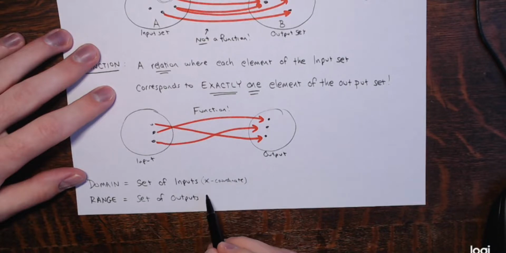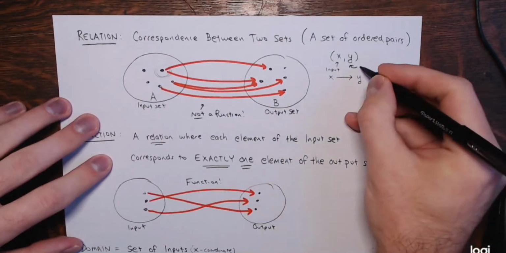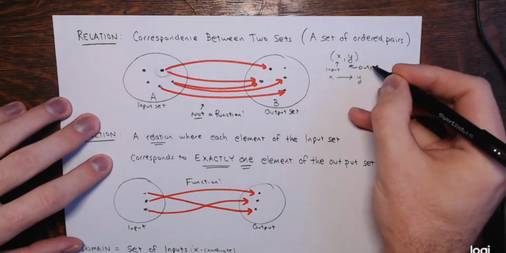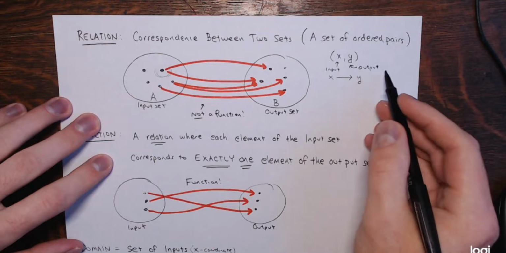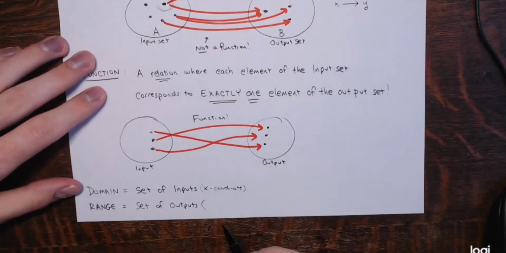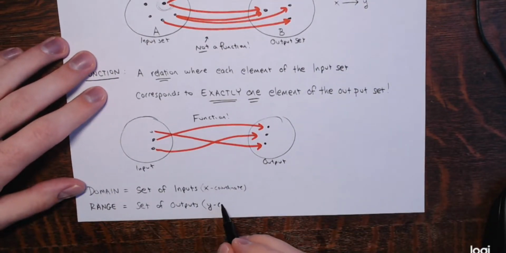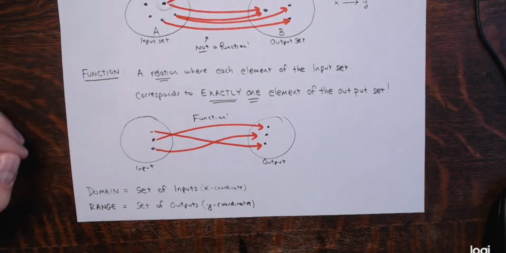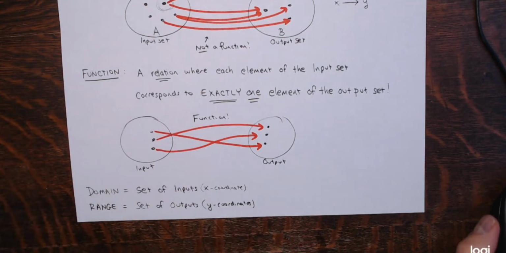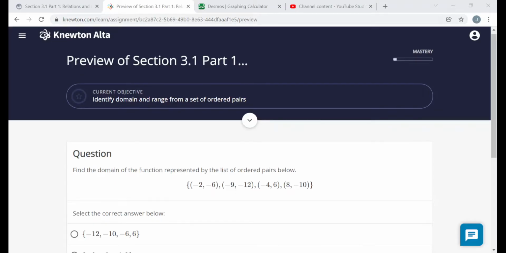And for the range, the output values are these y coordinates, the second coordinates. That second coordinate is coming from the output set, coming from the range. So it's typically y coordinates, right, are going to be the values in the range. So again, something you've probably seen before, a pretty simple concept.